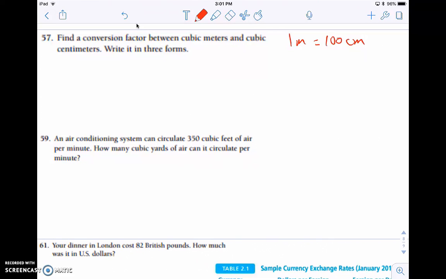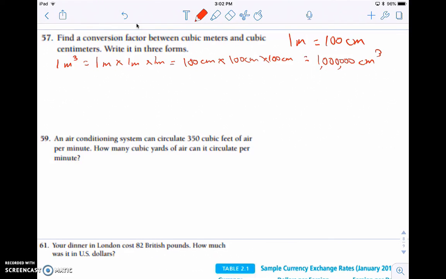If we're looking to convert to cubic meters, we would have 1 cubic meter is 1 meter times 1 meter times 1 meter, which is equal to 100 centimeters times 100 centimeters times 100 centimeters, which is 1 million cubic centimeters.